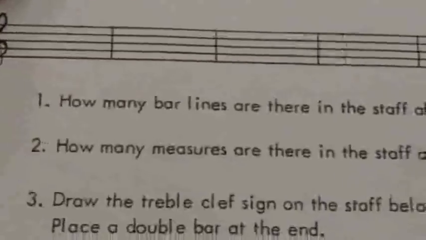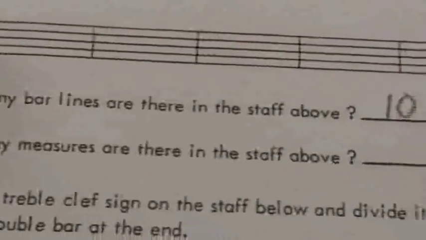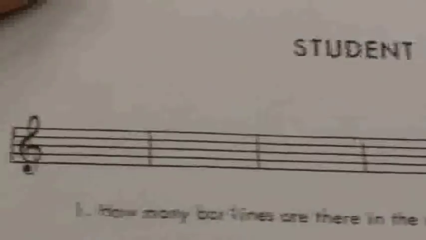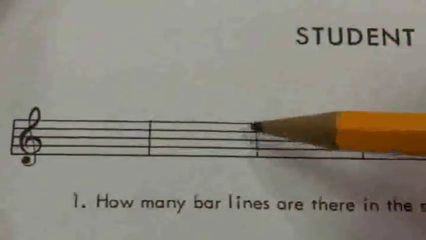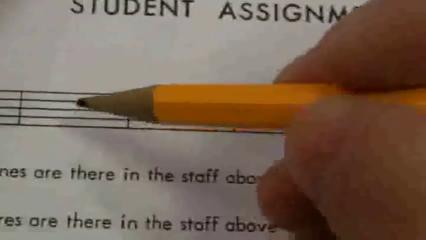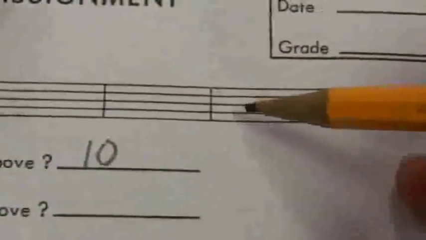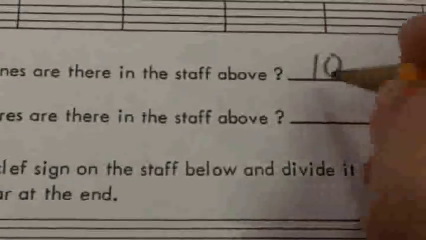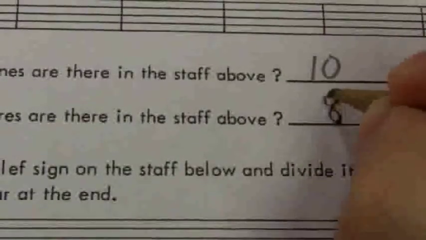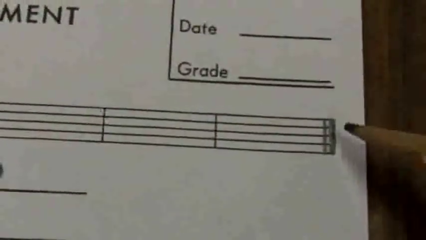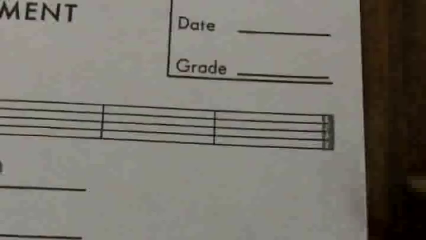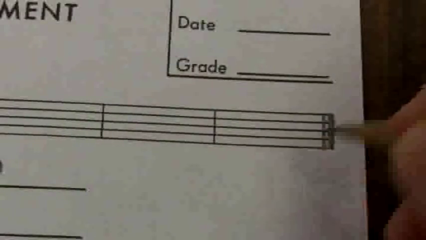Number 2. How many measures are there in the staff above? So we go 1, 2, 3, 4, 5, 6, 7, 8. Now, I'm just telling you right now that some people will call this 1 bar, even though it's a double bar.